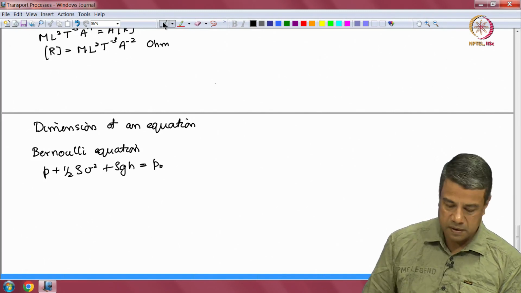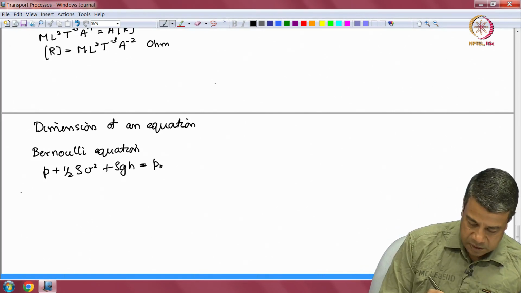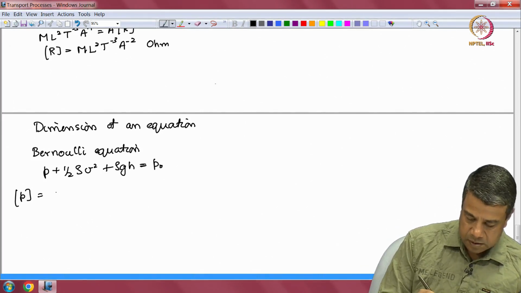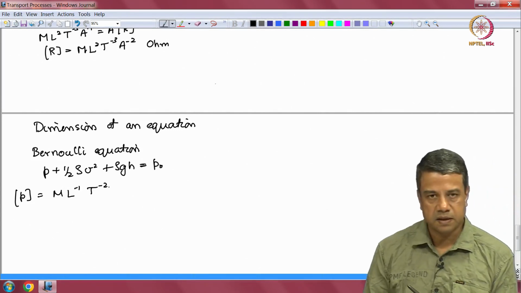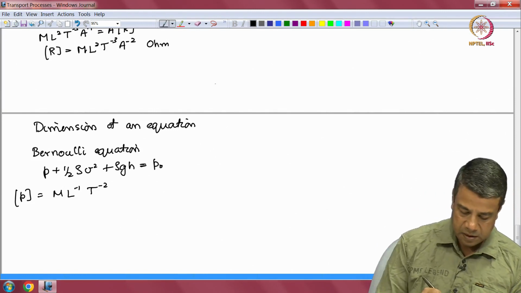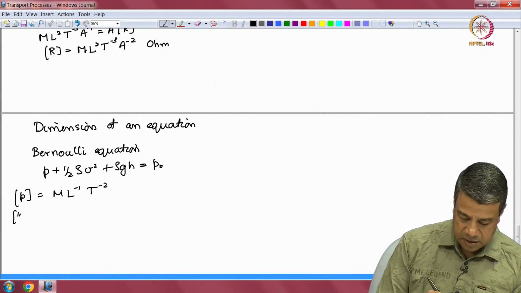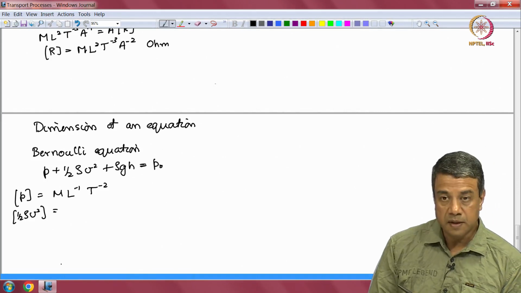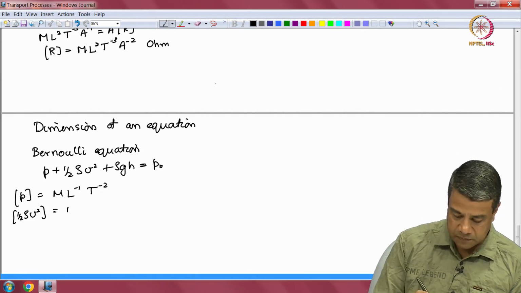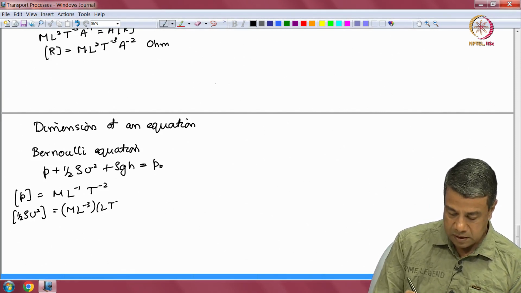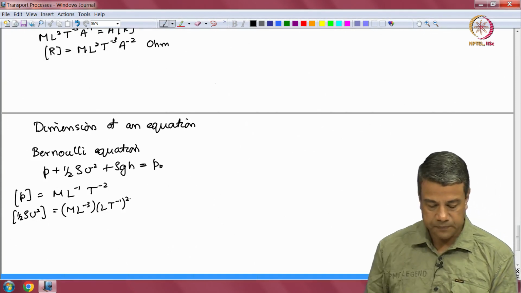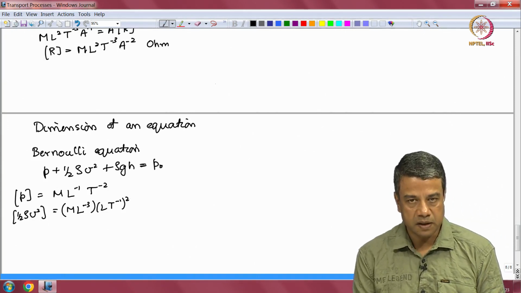Pressure is force per unit area, so mass L inverse t power minus 2, that is the dimension of pressure. The dimension of the second term, half rho v square: dimension of density, mass per unit volume, into the dimension of velocity square, L t inverse the whole square, L square t power minus 2.